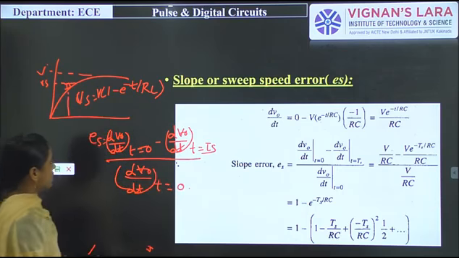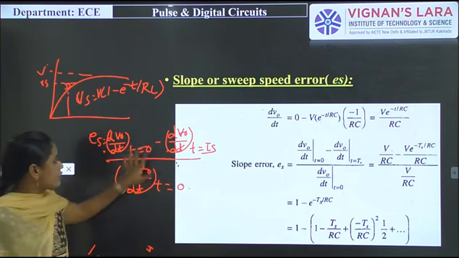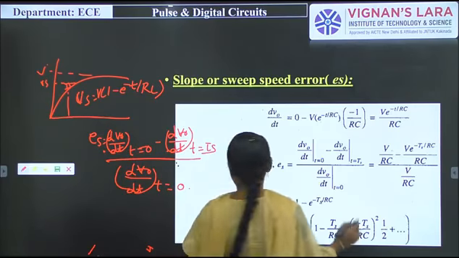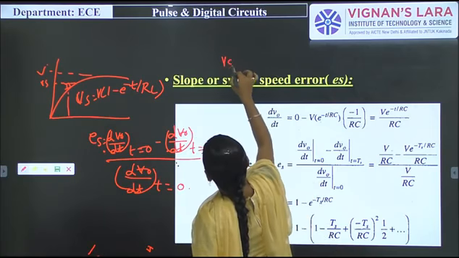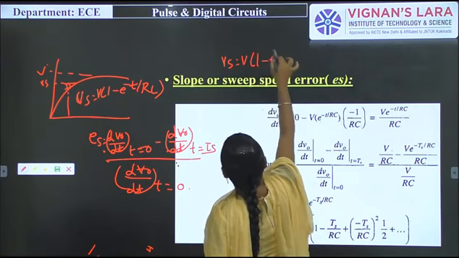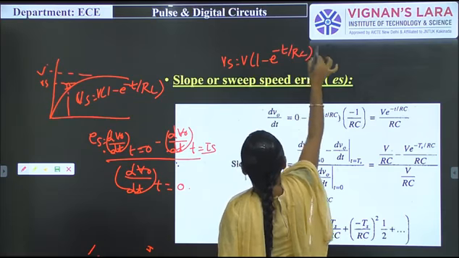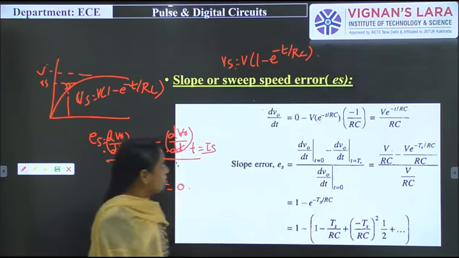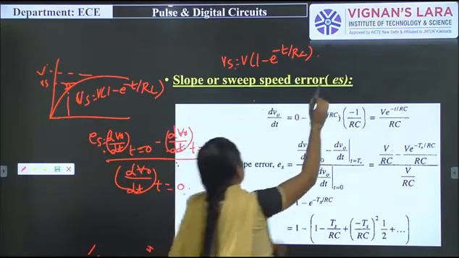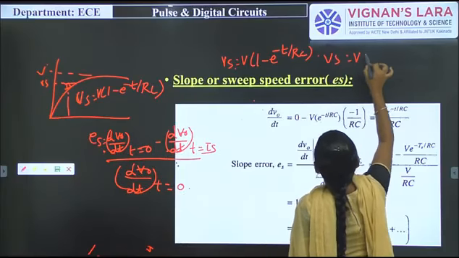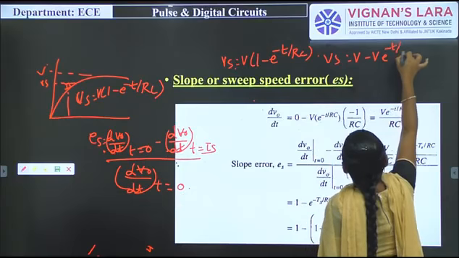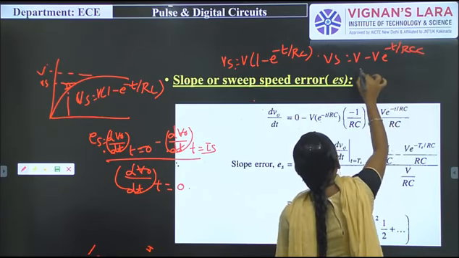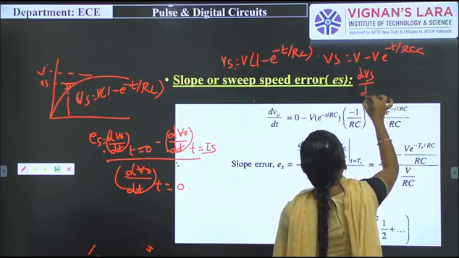That is, the difference between the initial slope and the final slope, by the initial slope. Here Vs is 1 minus e power minus t by RC times V. What is dV naught by dt, or dVs by dt? Simply we write Vs is equal to V minus V into e power minus t by RC. So dVs by dt is nothing but dV naught by dt.